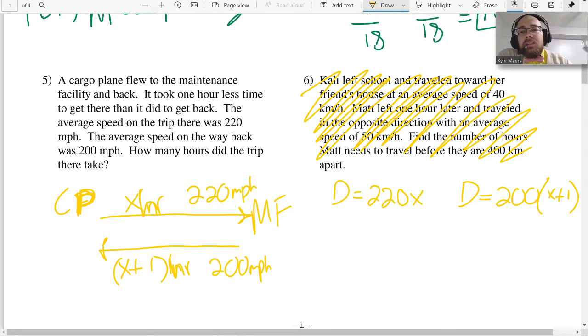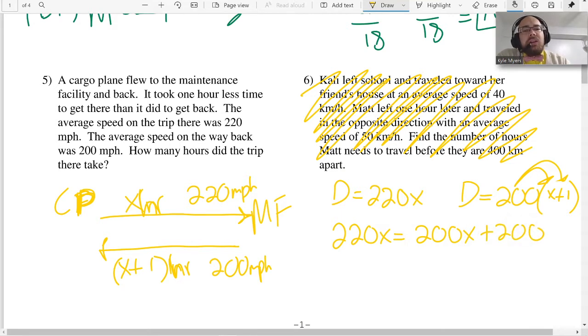Okay, and again, the distances are the same. This time the distances are the same because it's flying to the maintenance facility and back, right? So distance is the same, 220x. We're going to set them equal to each other. And let's go ahead and distribute that 200. So 200 times x is 200x plus 200.